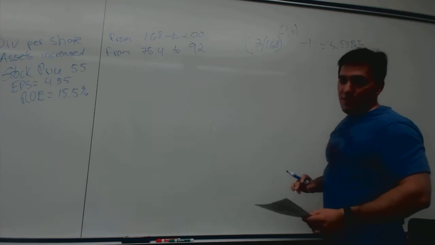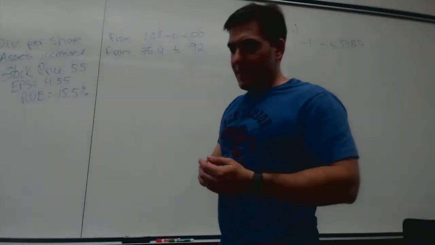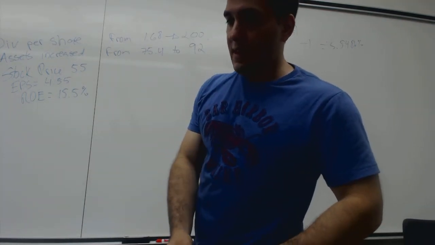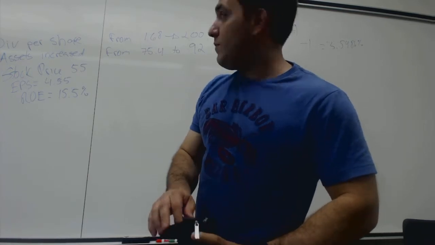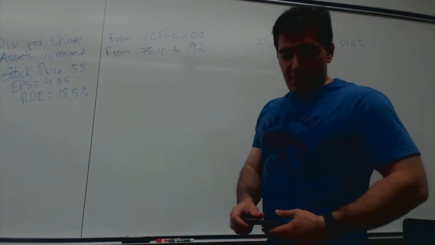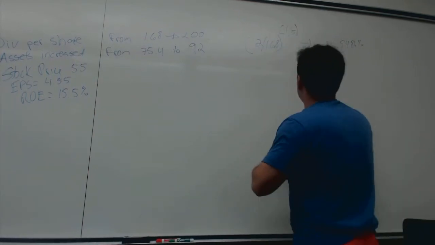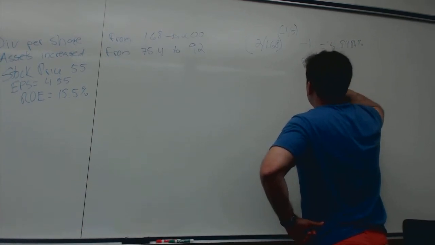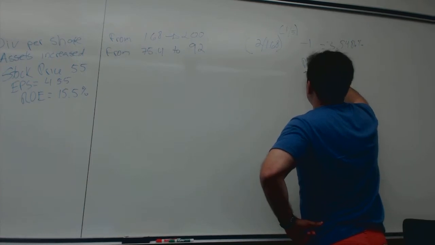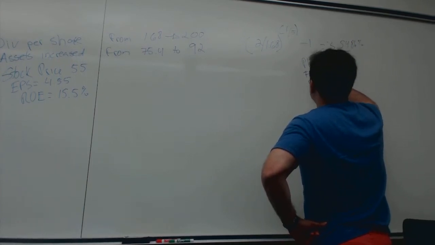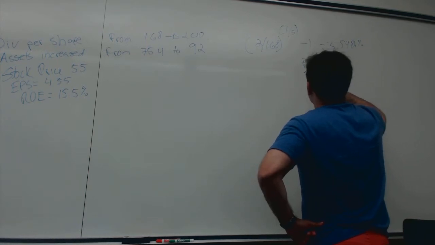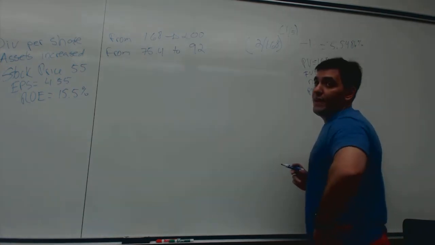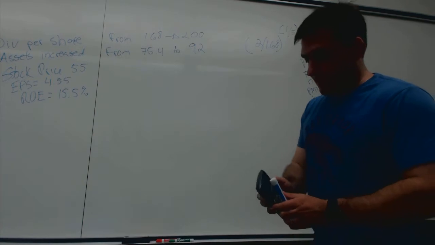3.5486%. So if you do it with the financial calculator, you put present value as minus 1.68, future value 2, payment 0, N equal to 5, and compute the interest, and you will get the annual rate.